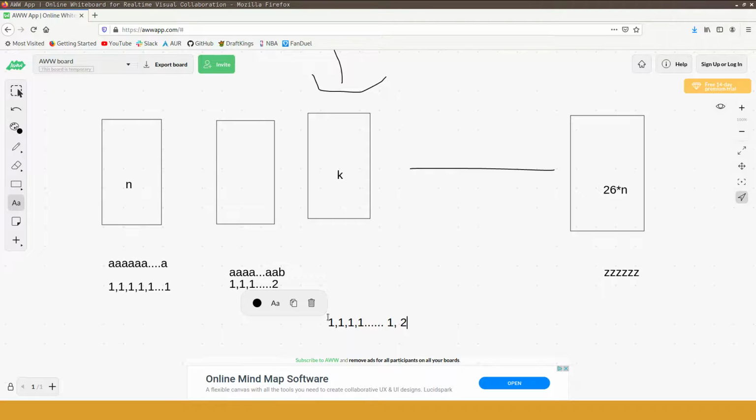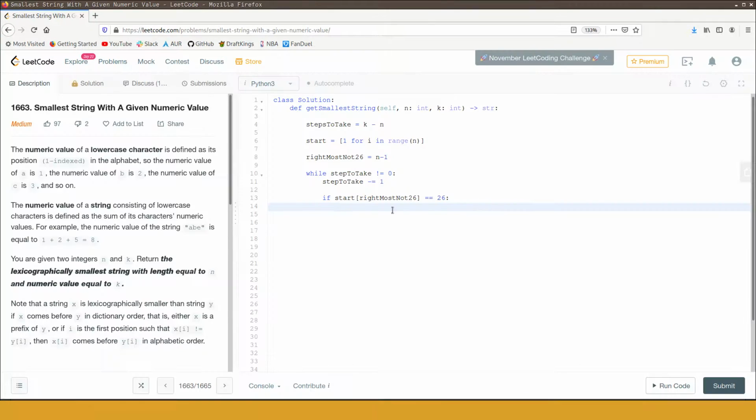The next step that I take will result in the following. So I need to make sure that I move 1 to the left, and then I just need to simply add 1.